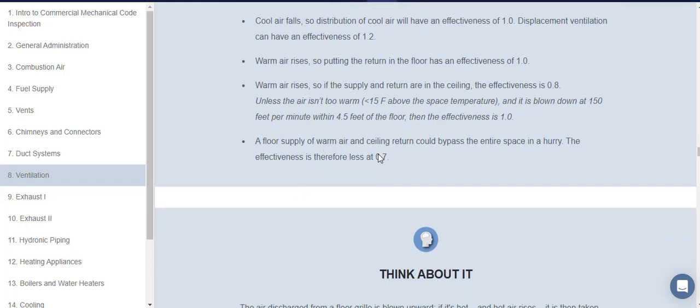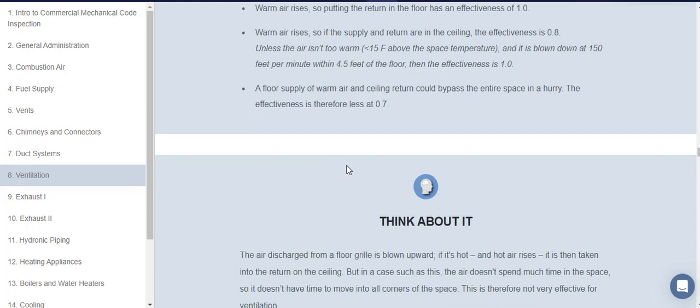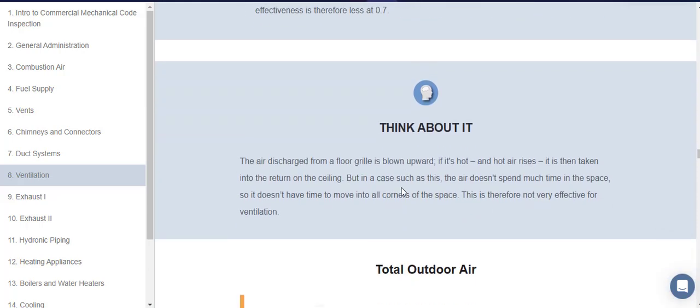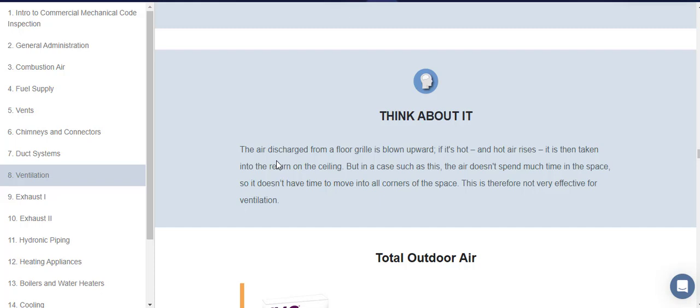A floor supply of warm air and ceiling return could bypass the entire space in a hurry. The effectiveness is therefore less, at 0.7. Think about it. The air discharged from the floor grille is blown upward. If it's hot and hot air rises, it's then taken into the return in the ceiling.